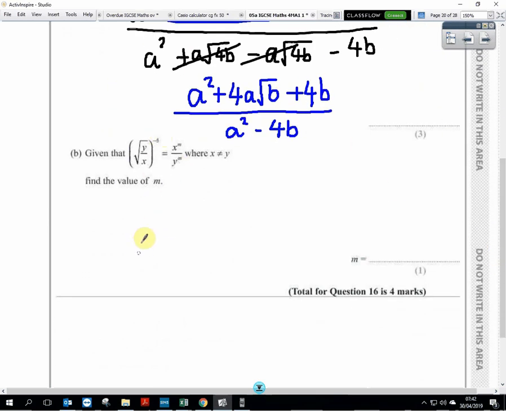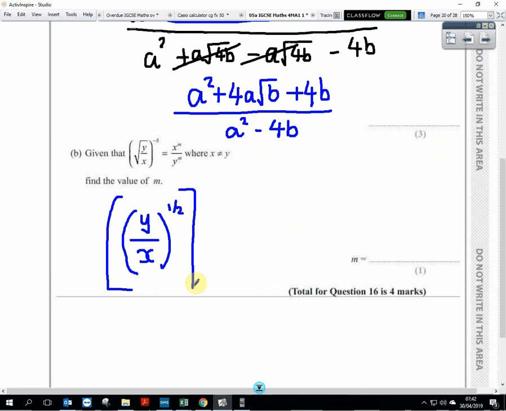Right, this one, find the value of m. Okay, so first of all, what effect does the square root have? The square root means to the power of a half. So we can rewrite this as y over x to the power of a half. But this is all raised to the power of negative 5.